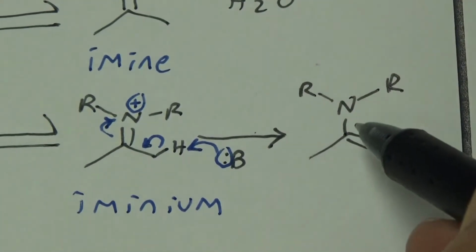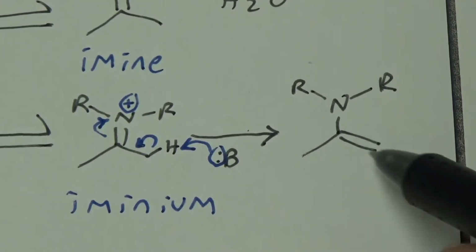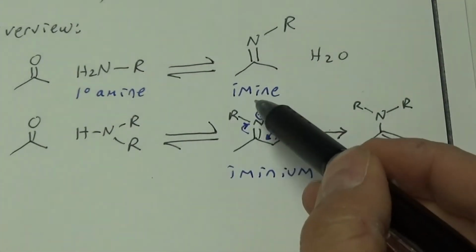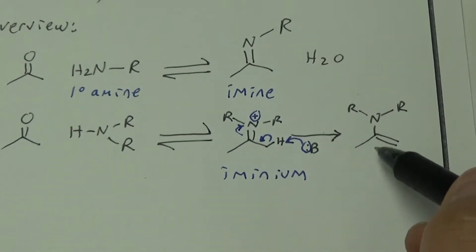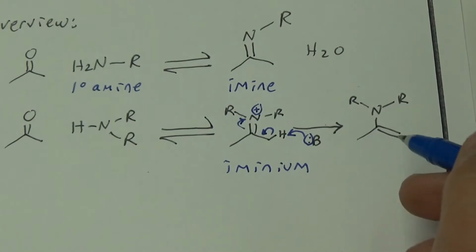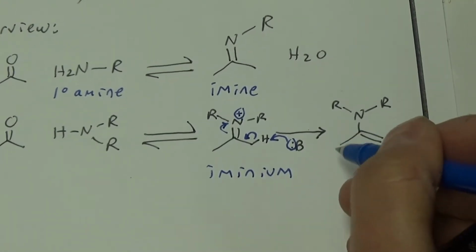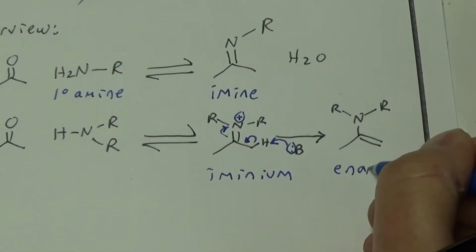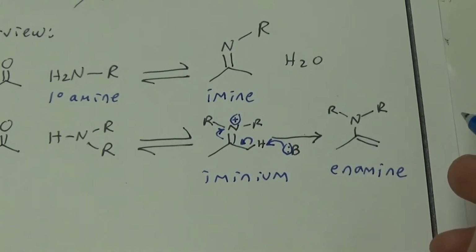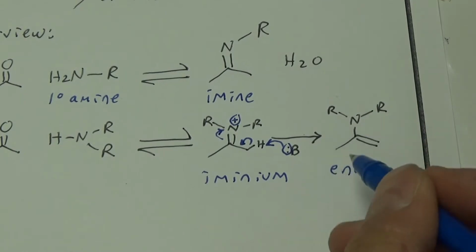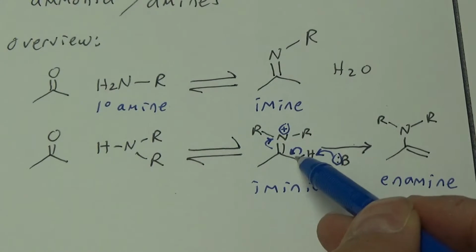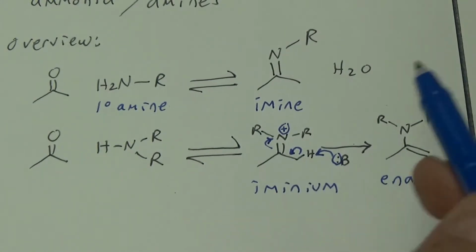So you lost the double bond N. Now you have a C double bond C. And this has a third name. So we had imines, iminiums, and this looks like an alkene bound to an amine, right? Any guesses on the name? It's an enamine.